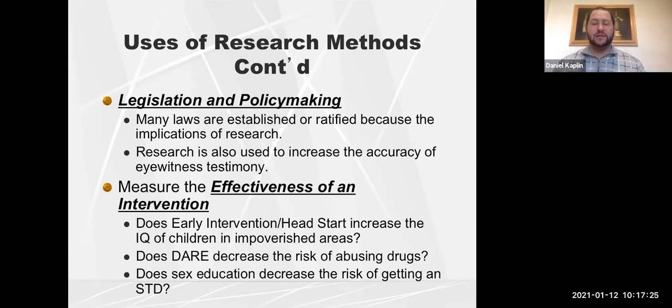So you might survey your constituents to see what their attitudes are before you make that proposal, before you push that policy. So many laws are governed or established because of research or the implications of research.